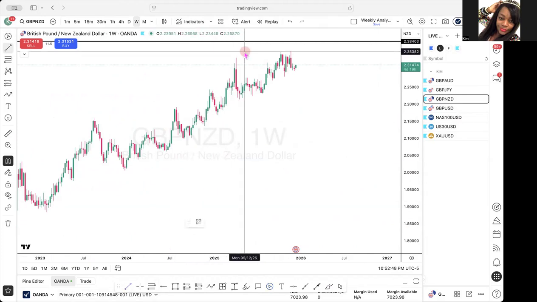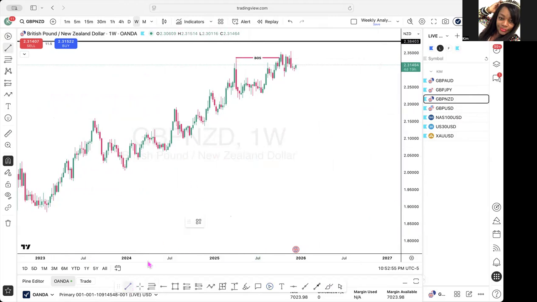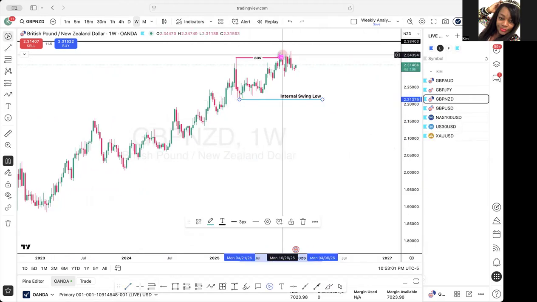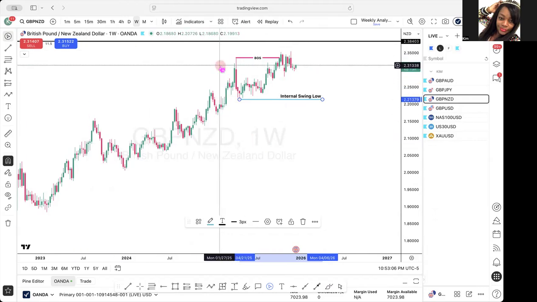We have a weekly break of structure here, which makes this my swing low. And I'm not going to mark the swing high, if you know what it is. Okay.